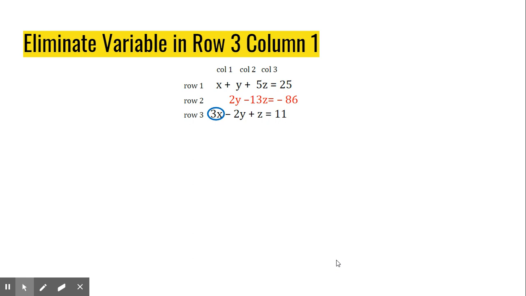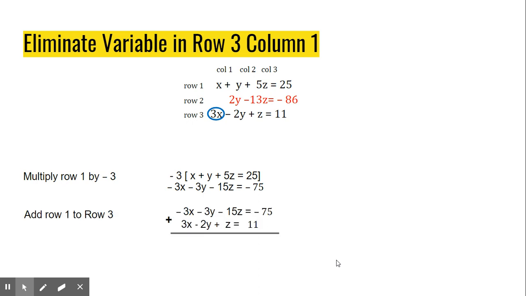At this point, we're going to rewrite our system with our new row 2. Next, I want to get rid of that 3x that's in the position of row 3, column 1. So by now, you probably have guessed that I'm going to multiply row 1 by -3. So I get a -3x. And I'm going to take that modified equation and add it to row 3.